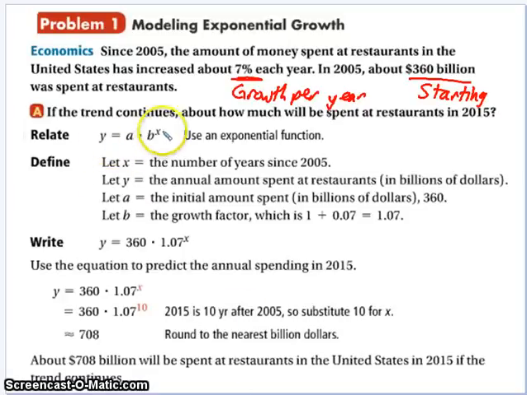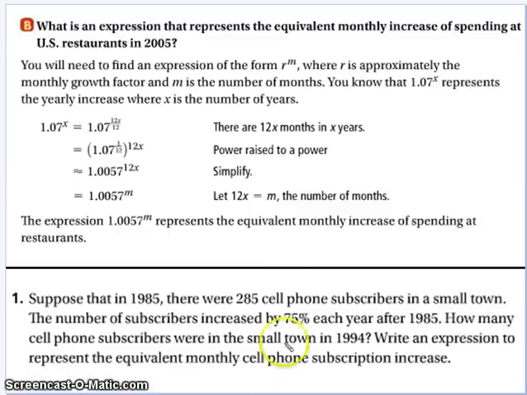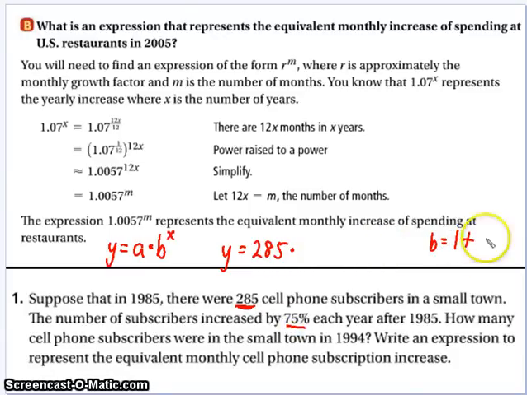Y equals A times B to the power of X, where A is the starting number. So in this case, it's 285. B is found by taking 1 plus the percentage, 0.75. So we're going to get 1.75 to the power of X.